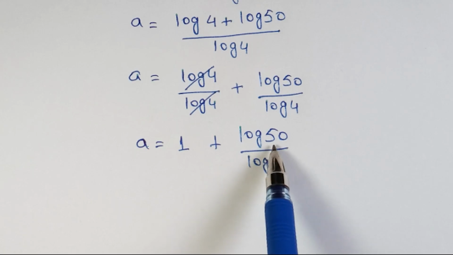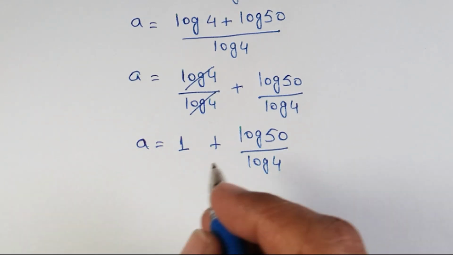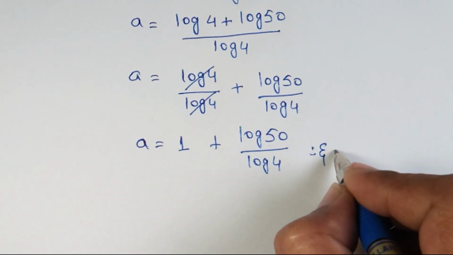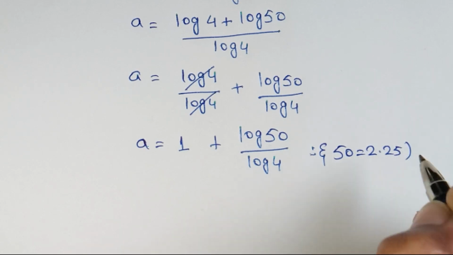So in this expression you can see 50. We can't use 50 as it is. We will break it into simpler numbers. We can say 50 is equal to 2 into 25.